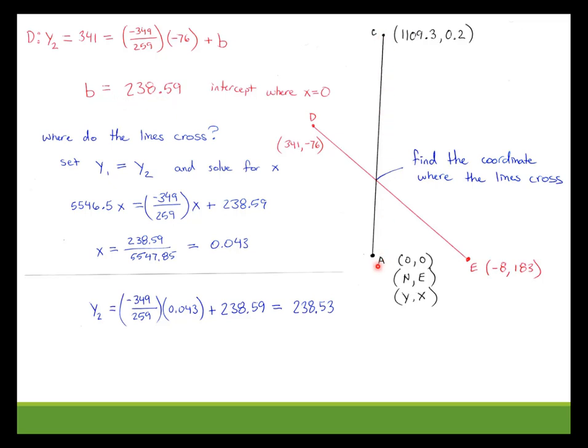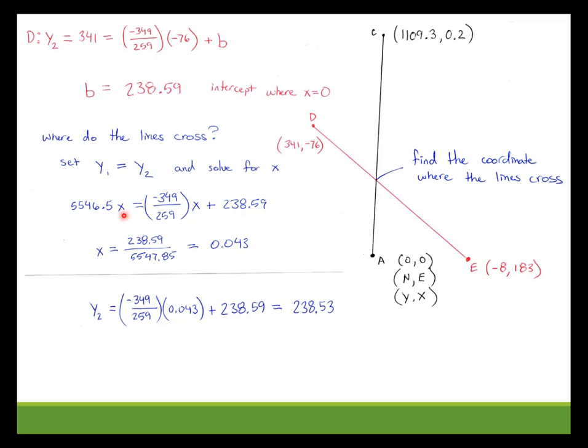Noting that the first line y1 is nearly north and south, the intercept would be a close approximation, in fact, of where these two lines cross. However, the proper way to do this will be to set the two lines, y1 and y2, equal to each other, and then solve for the x position where those two lines cross.